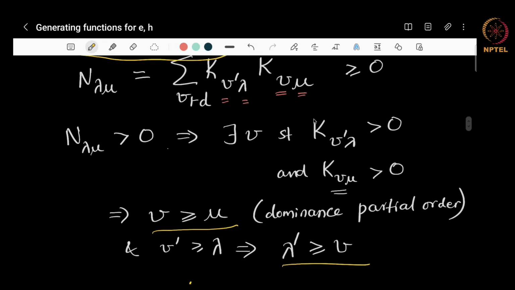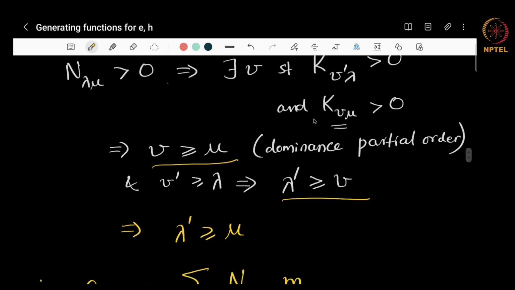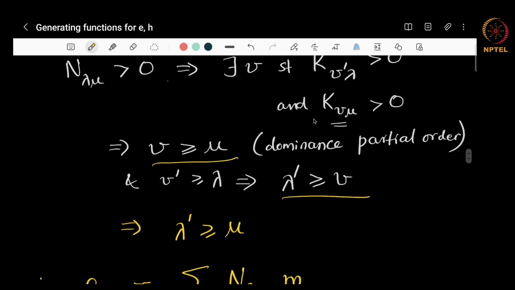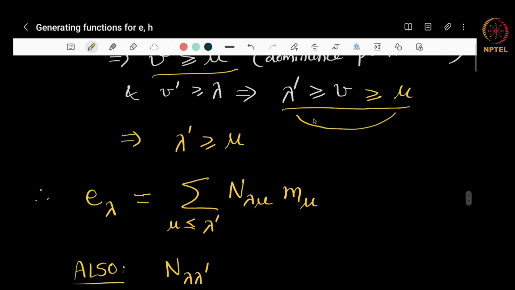So look at what these two conditions imply. Here we are: lambda prime was bigger than or equal to nu, which was bigger than or equal to mu. That's how we concluded. But suppose the two ends are equal. If lambda prime and mu are equal, then there is only one possible value for nu in the sum, which is nu equals lambda prime and mu, in which case n lambda mu just reduces to a single term.